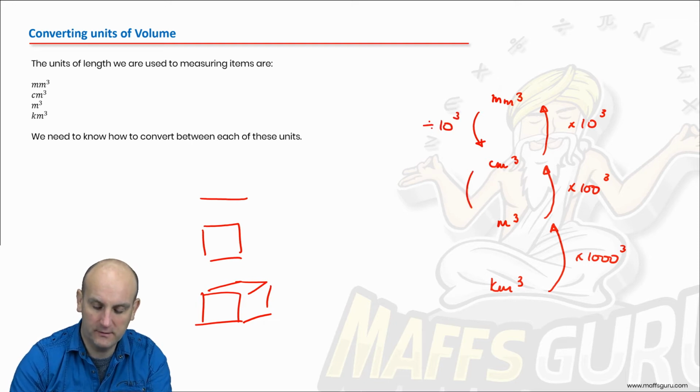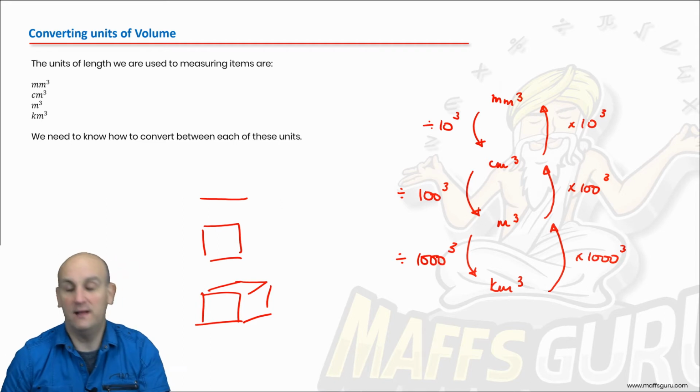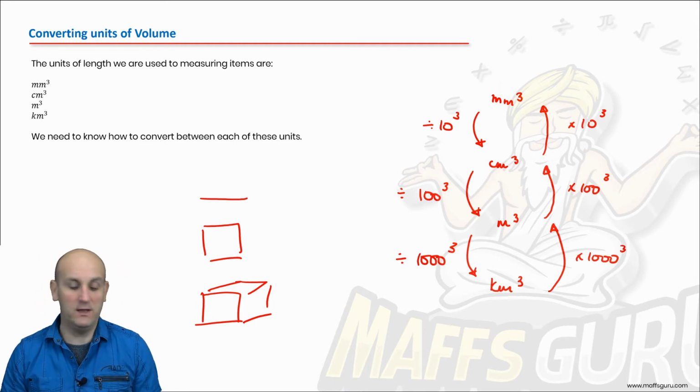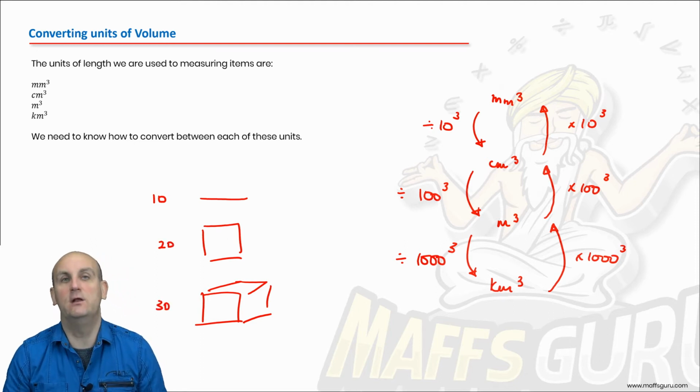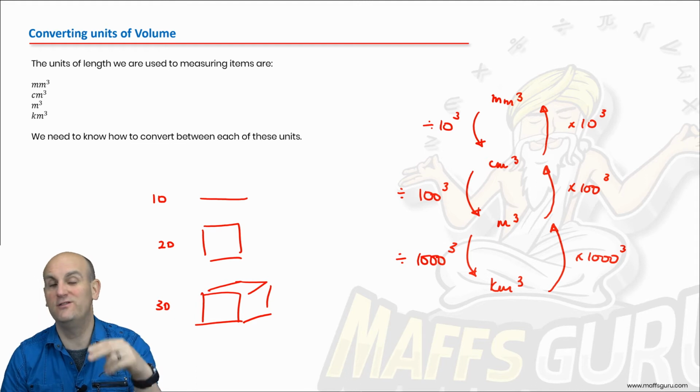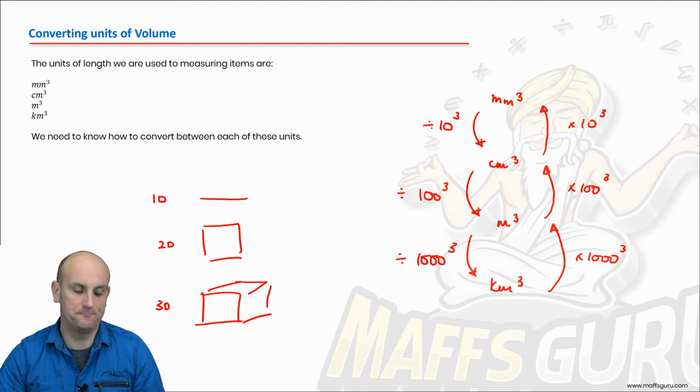So that's 10 cubed. I'm going to divide here by 100 cubed, and divide by 1,000 cubed. And that basically is it. Now I always remember that this is 1-dimensional, this is 2-dimensional, this is 3-dimensional, and that's how I know to put the floaty 3, the floaty 2, or just leave it as the number.